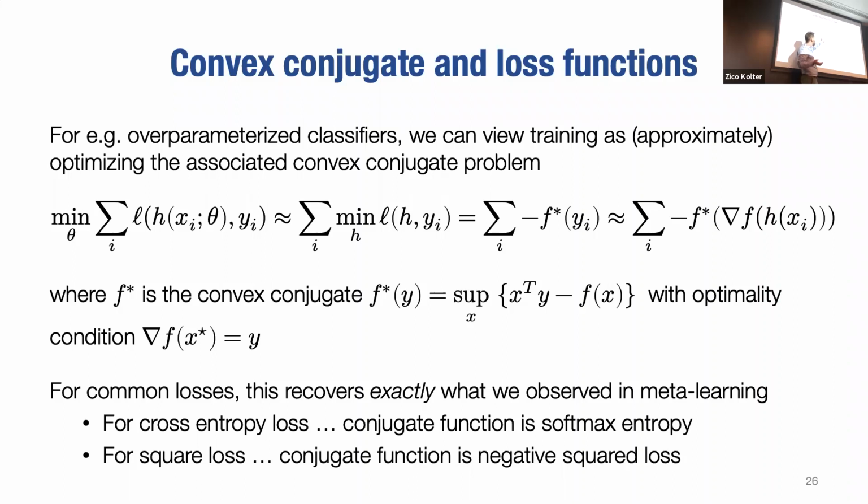And because our loss function is of the form of a convex function minus a linear term, this winds up being equal to a function called the convex conjugate, actually the negative convex conjugate of yi. And if you look at the optimality conditions associated with the convex conjugate, you can plug in the optimality conditions here, which is the convex conjugate evaluated at the gradient of this function applied to the hypothesis class. The details aren't really important here.